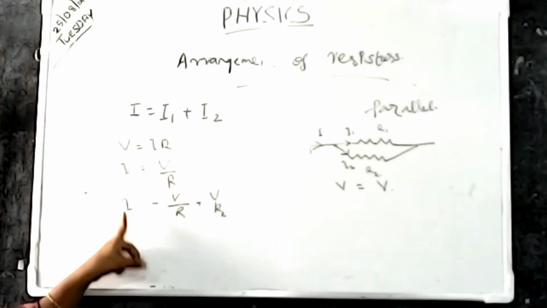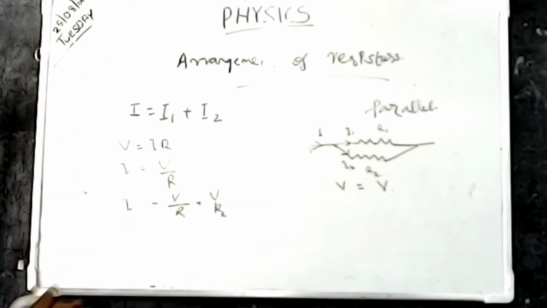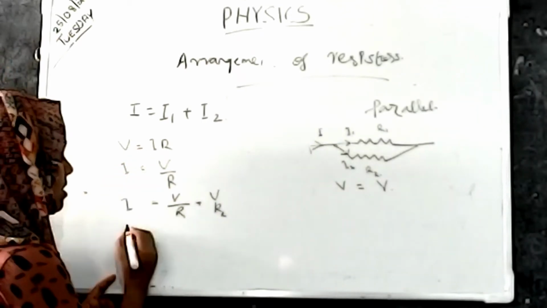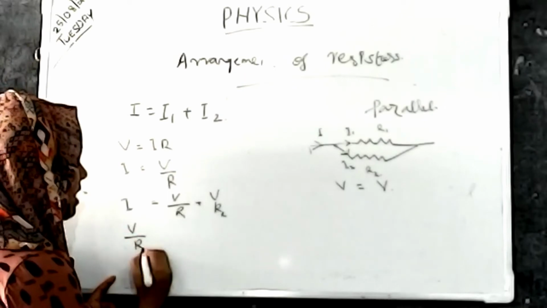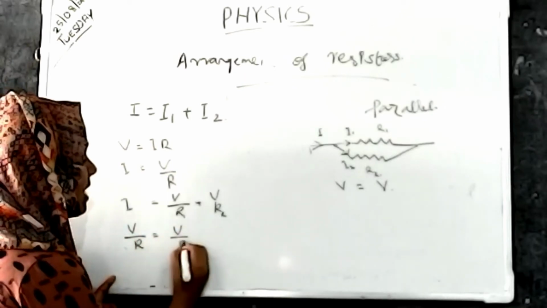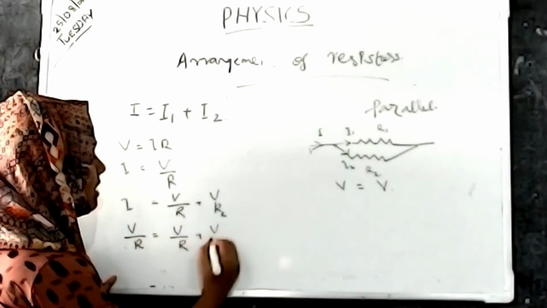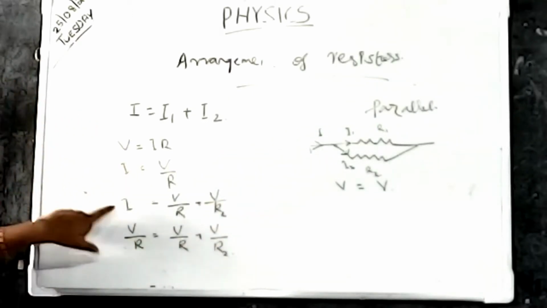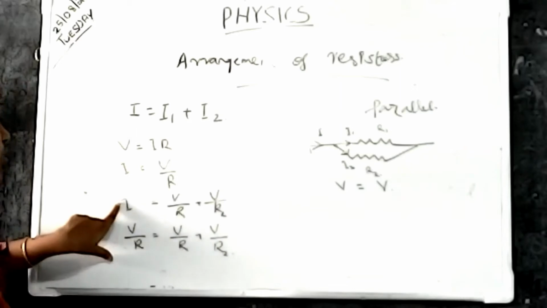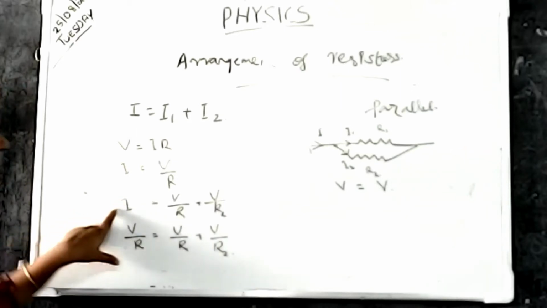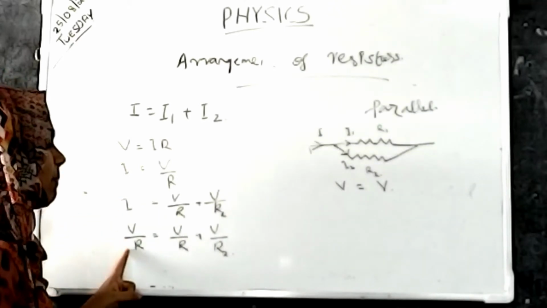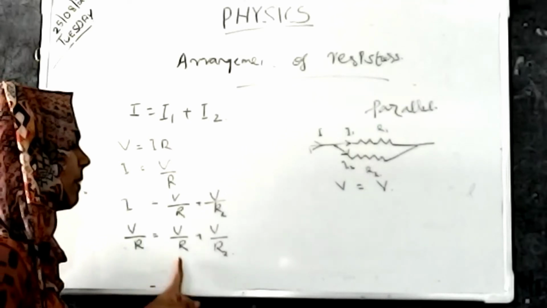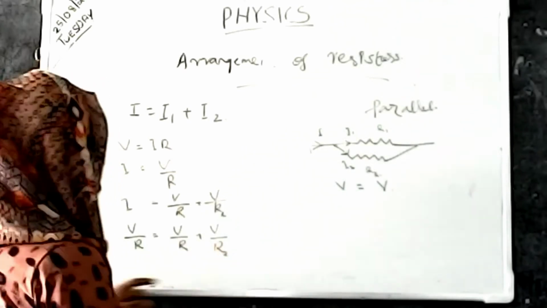And we know that I is equal to V by R. So V by R is equal to V by R1 plus V by R2. We put V by R instead of current in this equation. So we got V by R equals V by R1 plus V by R2.